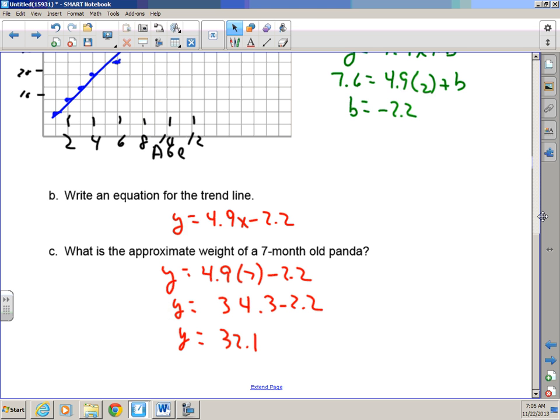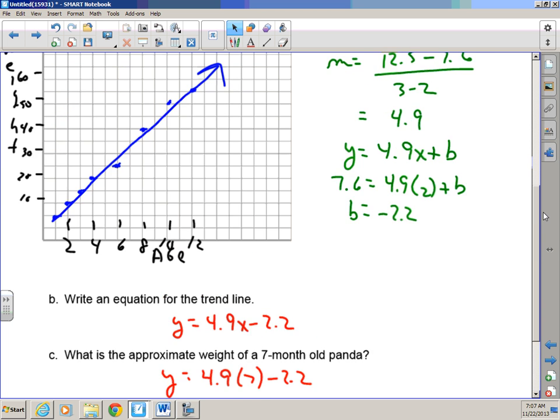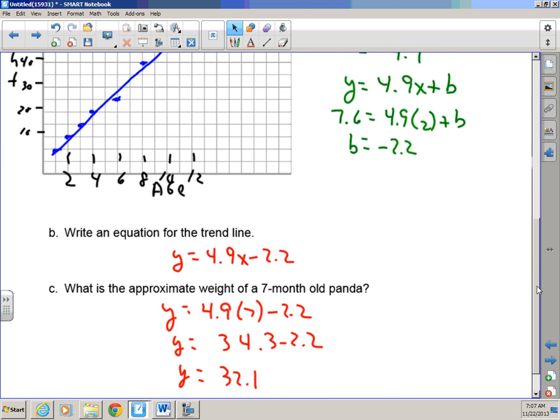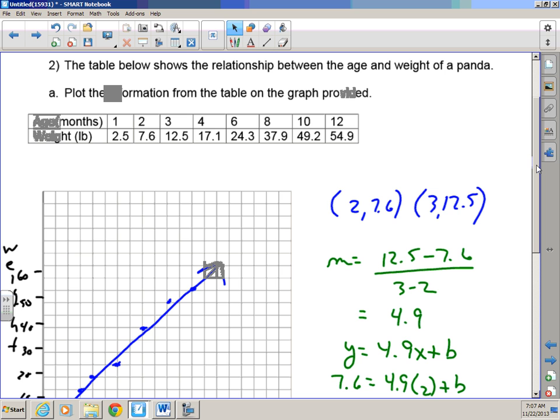Now, is that exact? No. Is that going to be what every 7-month panda would weigh? No. But I know my number makes some sense because when I go back up to the table, 32.1 is reasonably close to, or in between, these two numbers of 6 and 8 here.